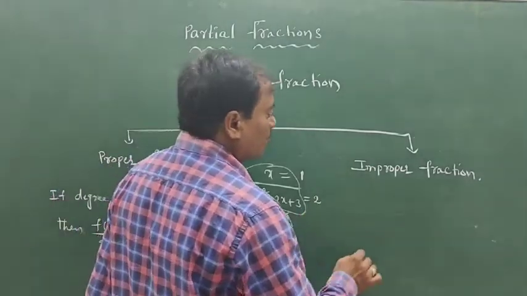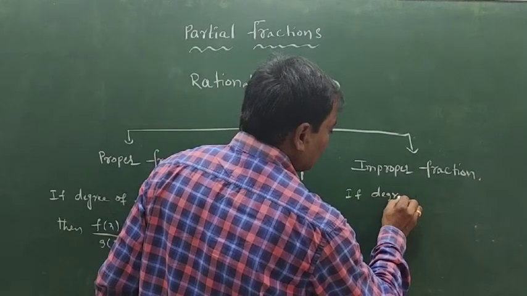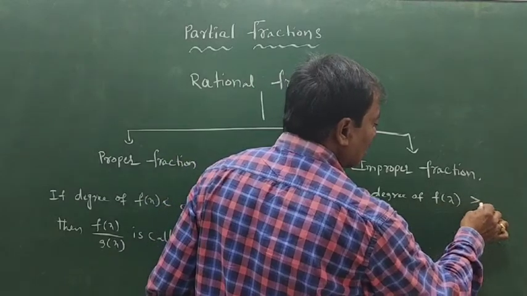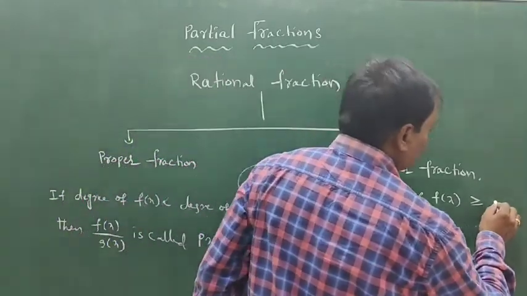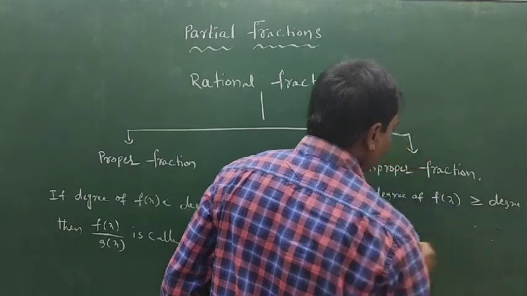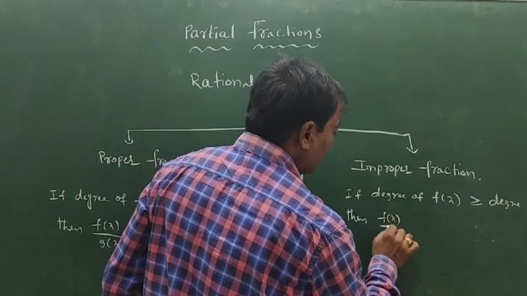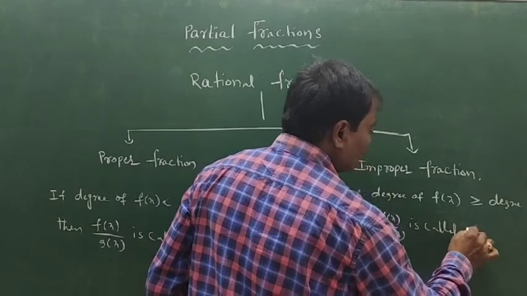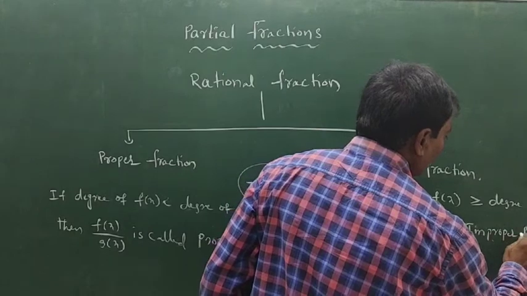And coming to the improper fraction, if the degree of f of x is greater than or equal to the degree of g of x, then f of x by g of x is called an improper fraction.